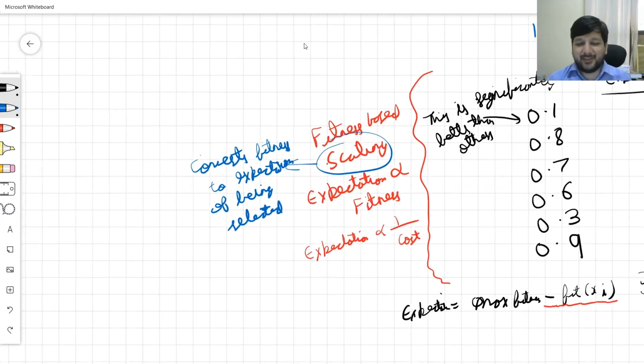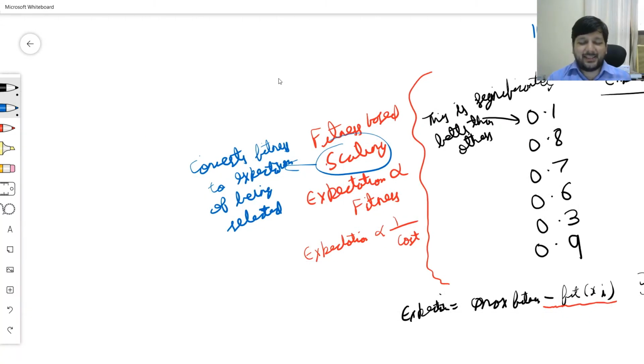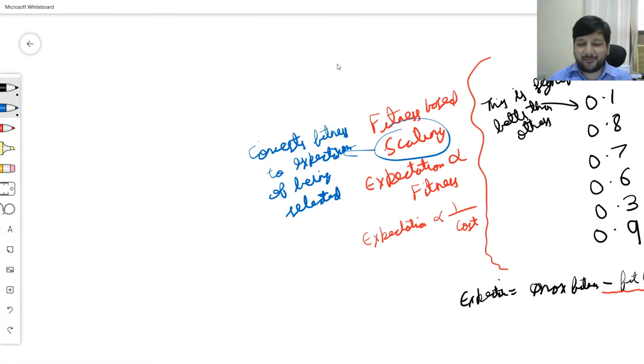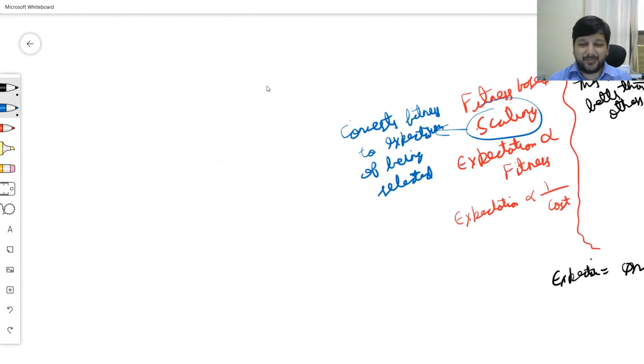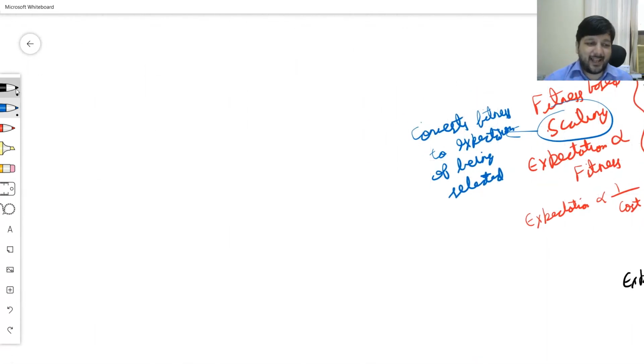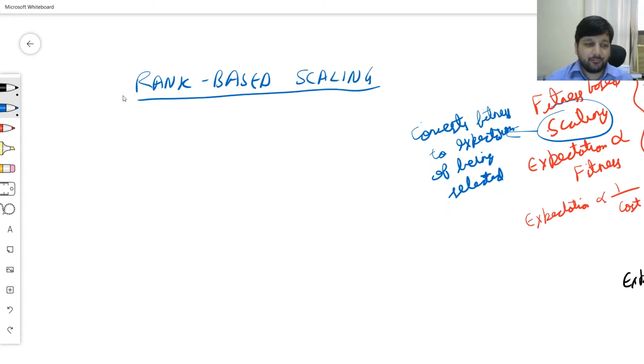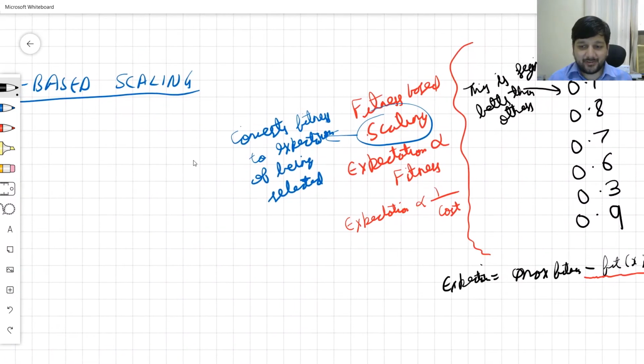So instead we use another term and we try to say that the fittest individual will not get selected all the time, and this is called rank-based scaling. So again, I have my individual x1, x2, x3, x4, x5 with fitness.